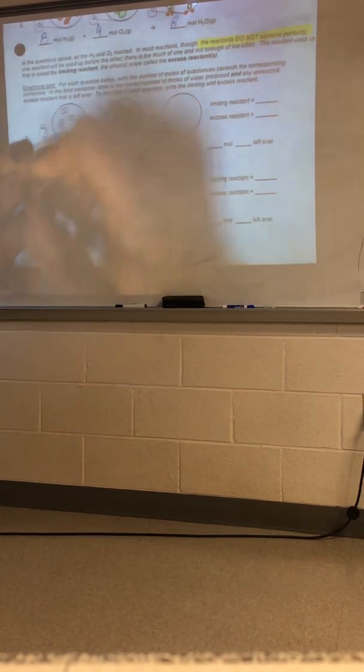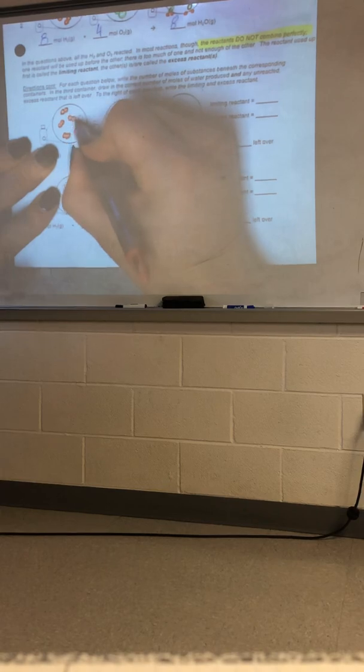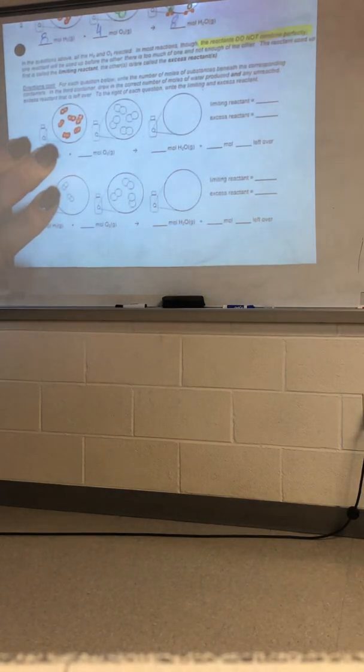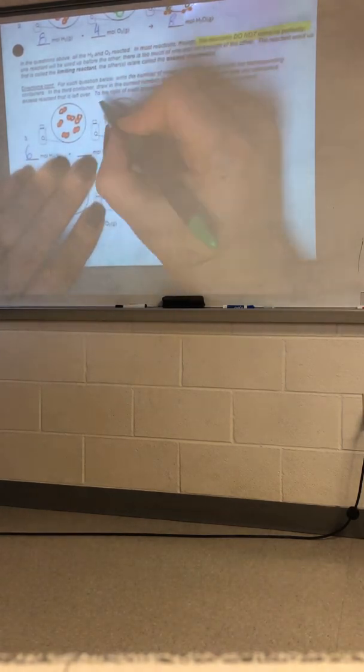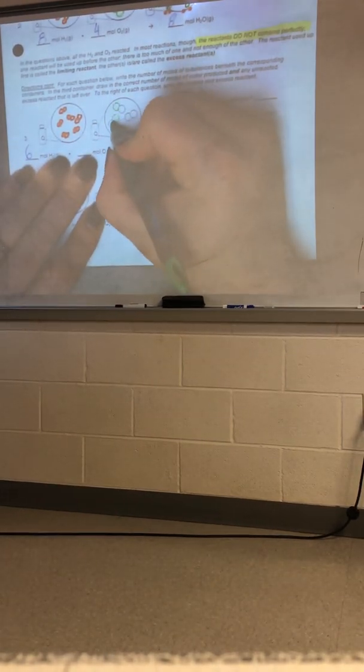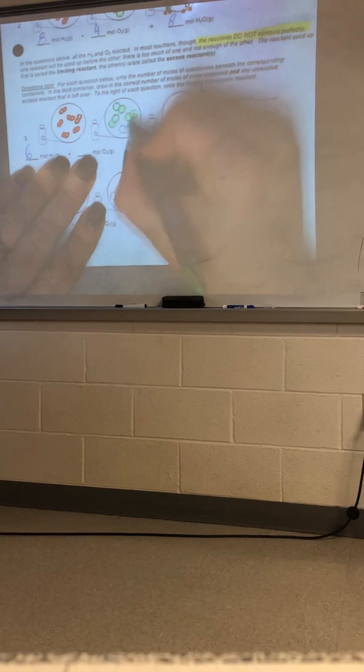So I do the same thing. You can highlight your hydrogens. Tell me, how many moles of hydrogen do I have here? 6, right? 6 moles of hydrogen, yes. How many moles of oxygen? That's right, 4. And then what happens?